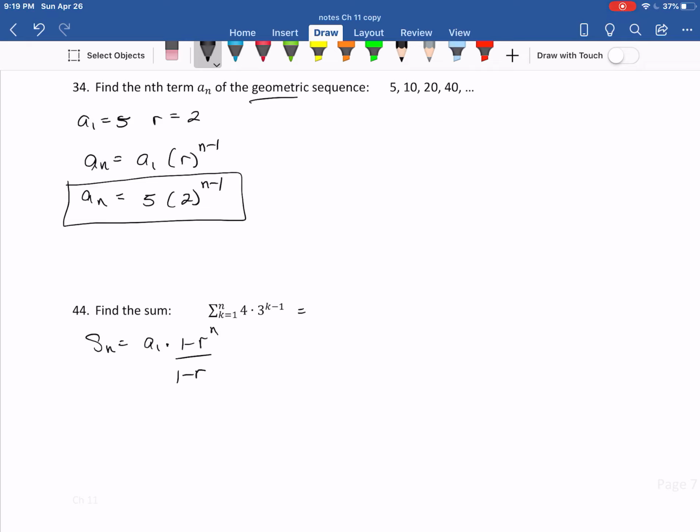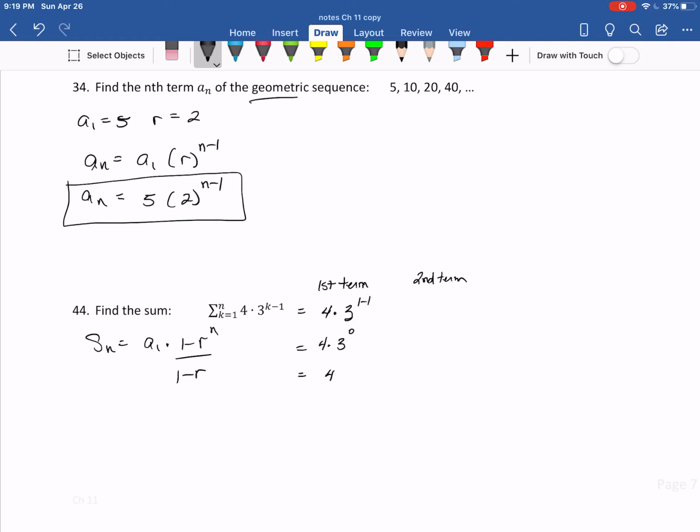So the first term is where we let k equal 1. So that's 4 times 3 to the 1 minus 1, which is 4 times 3 to the 0, which is 4. The second term is where we let k equal 2.